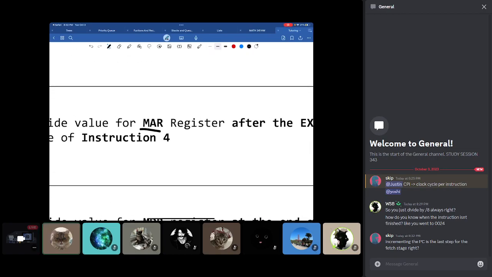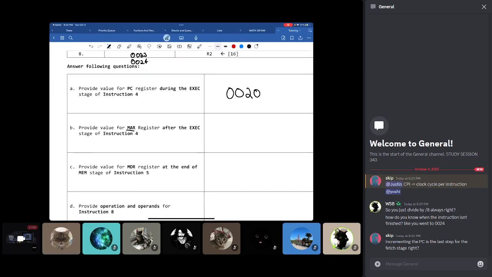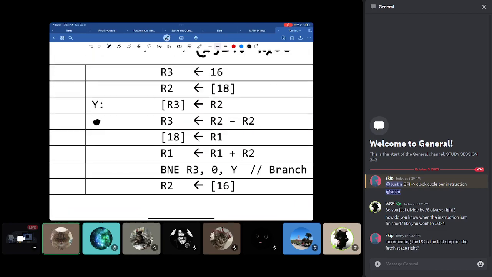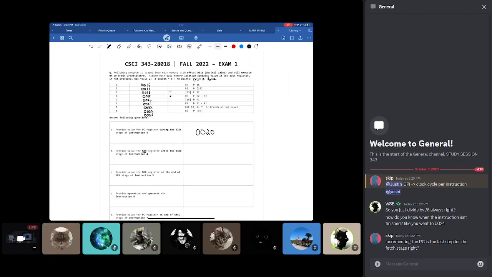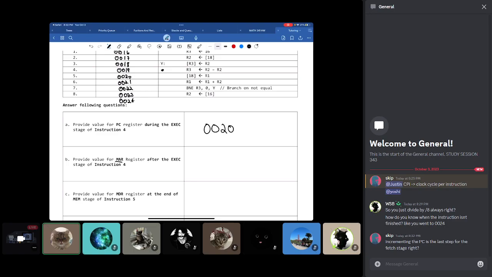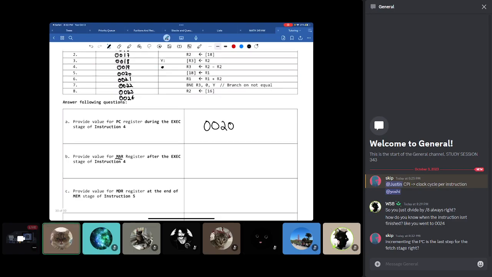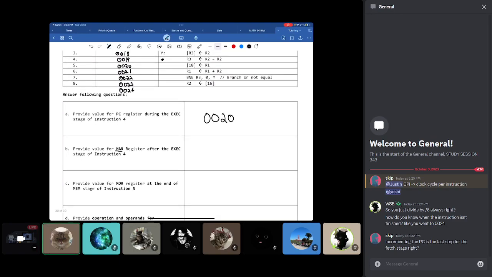We're on MAR, right? And since the exec stage has nothing to do with MAR or MDR, as a matter of fact, because our type loads into the Z register, and then from there loads into your source register, in this case R3, right? And it's saying provide the value for MAR register after the exec stage of instruction 4, meaning fetch is already done, decode is already done, and exec is already done.